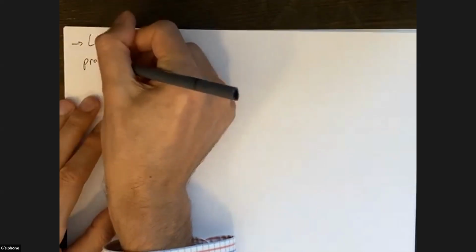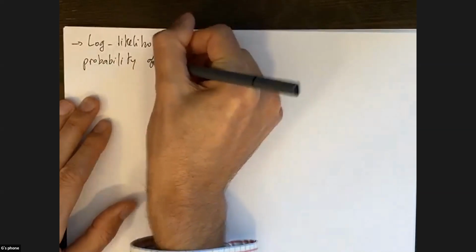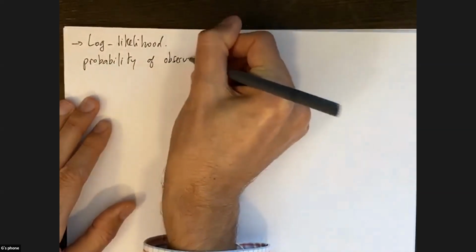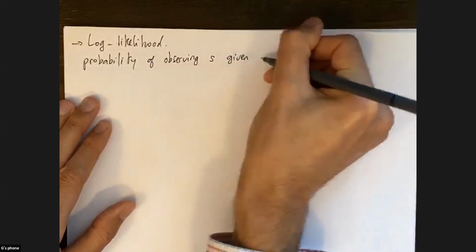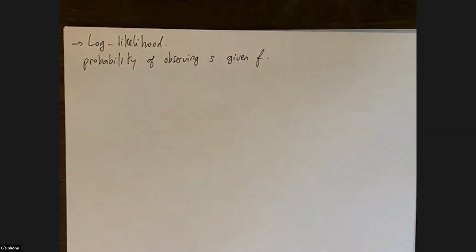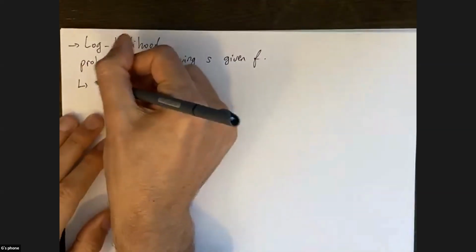This is a statistical function, and the likelihood represents the probability of having observed a sonogram S given an image F. So it's the probability of observing S given F, okay? And I guess the advantage is that it can model Poisson noise.